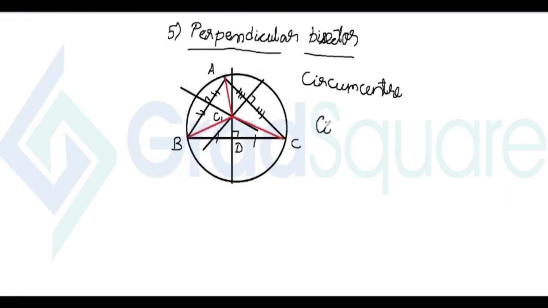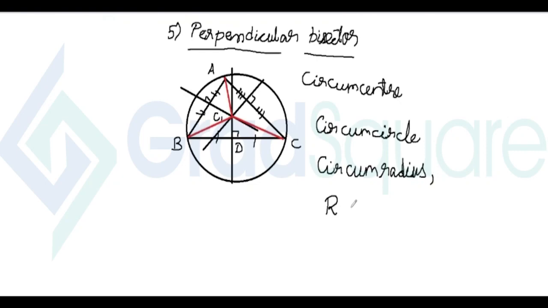And this circle is called the triangle circumcircle. And the radius of this circle, which is C1A, C1B or C1C, is called the circumradius of triangle ABC. Okay.